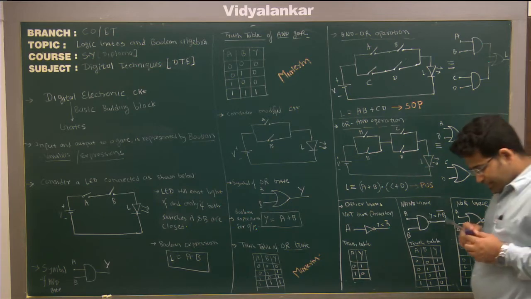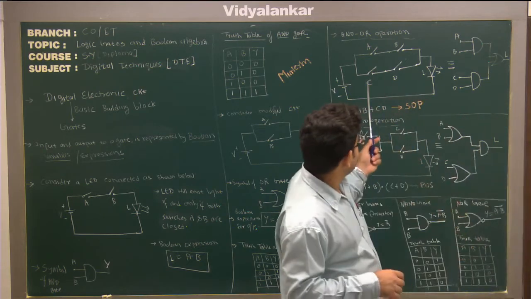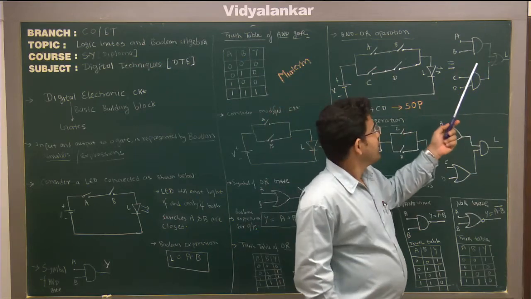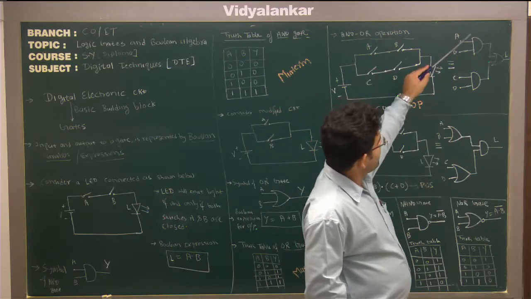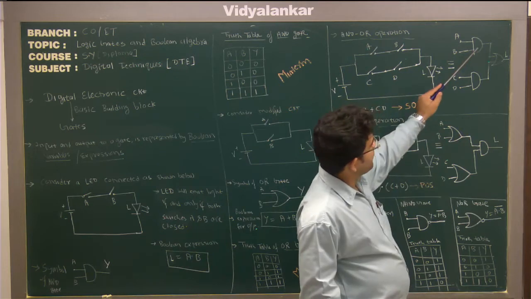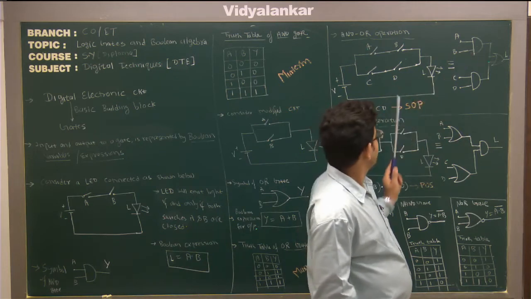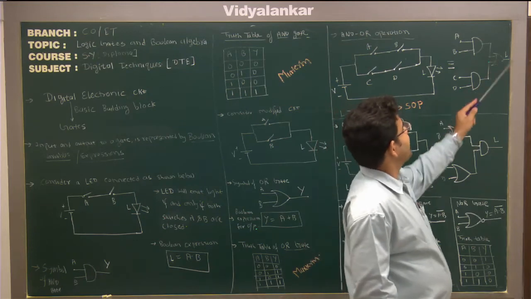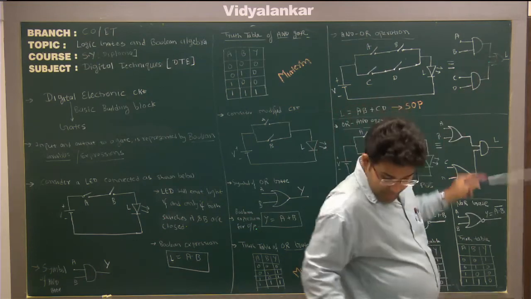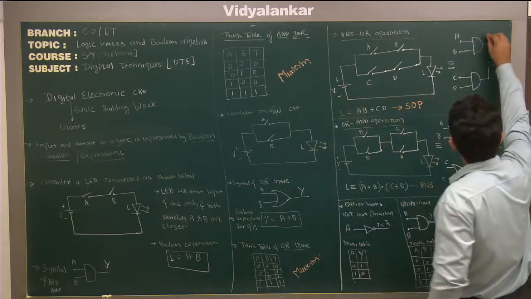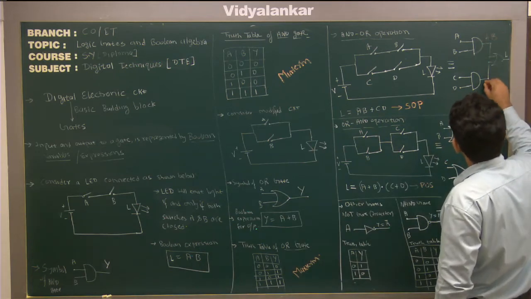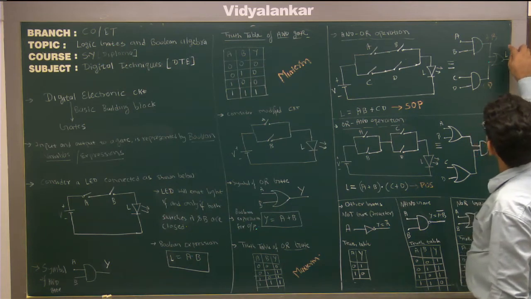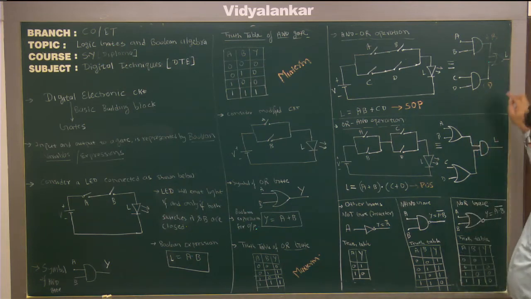Now I can equate this network to a logic circuit, which you can see. A into B will be represented by AND gate, C into D is again AND gate. Add them together. So here at this point you will get AB, this point you will get CD, and if you add them, this will be AB plus CD.